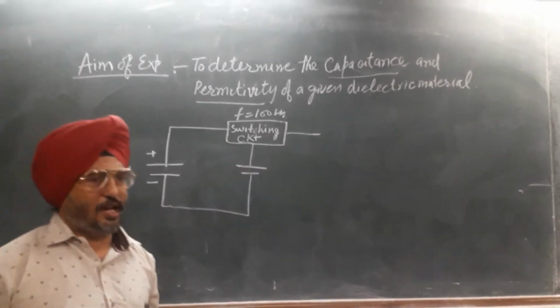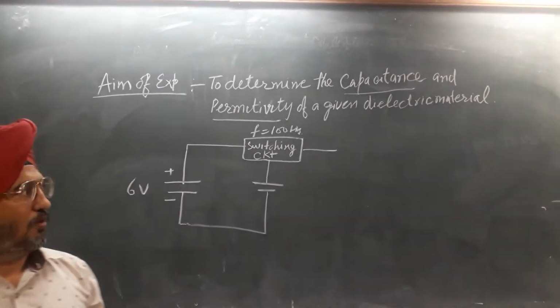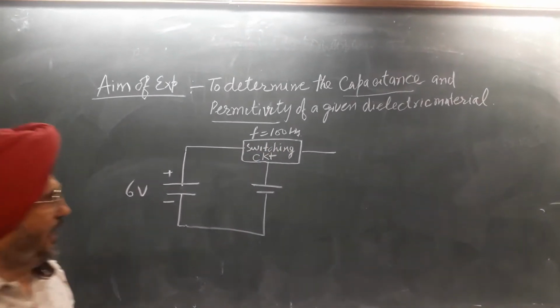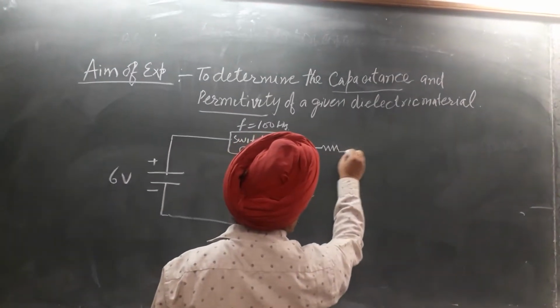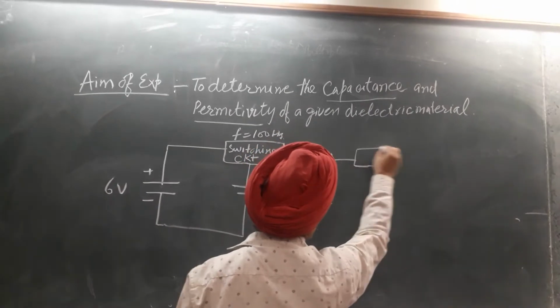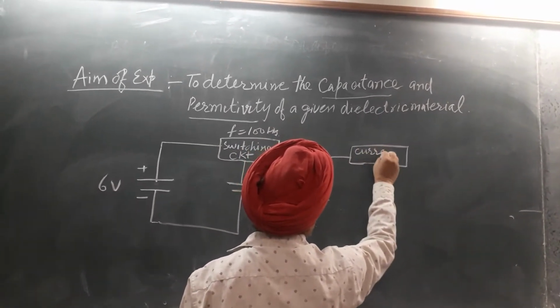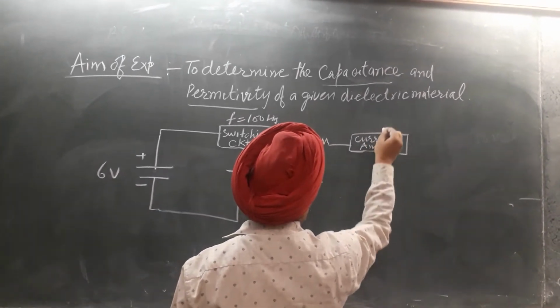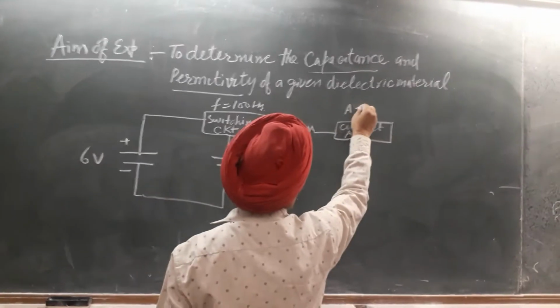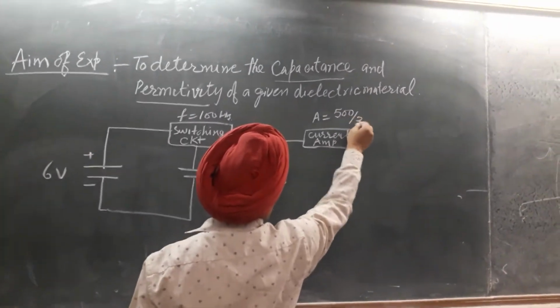This means the switching circuit charges and discharges the capacitor 100 times per second, and this discharging current is amplified by a current amplifier whose gain is 500 by 3.